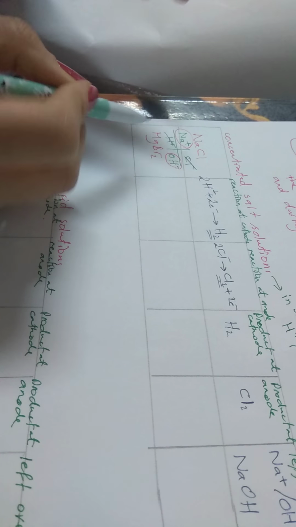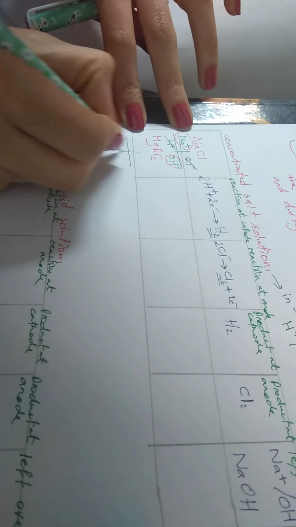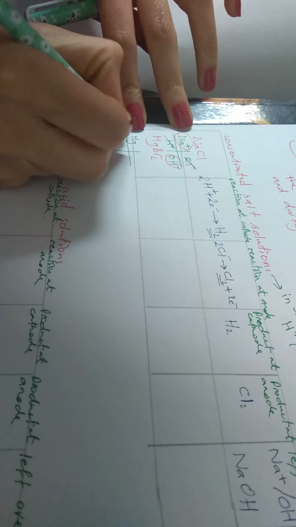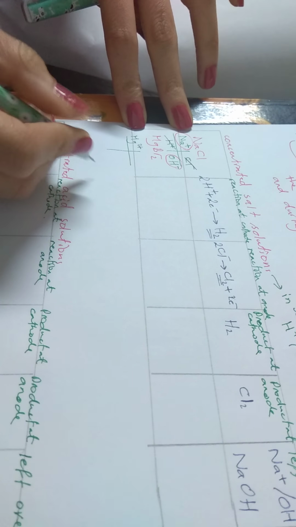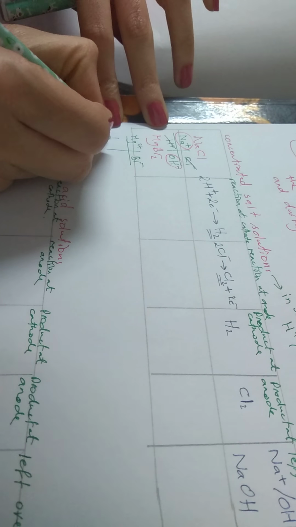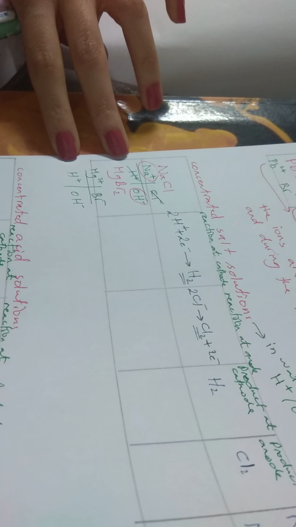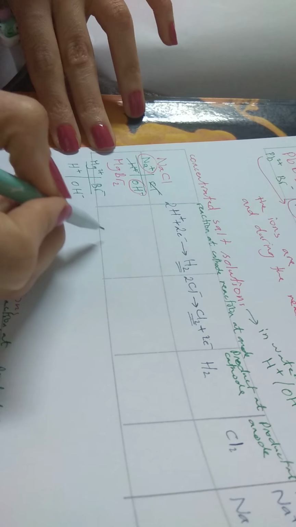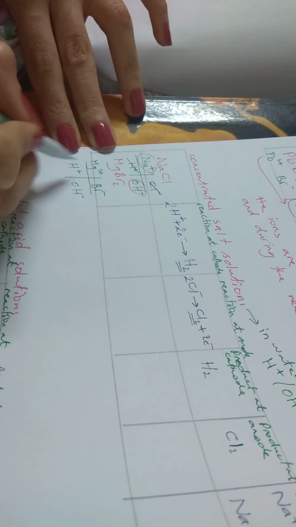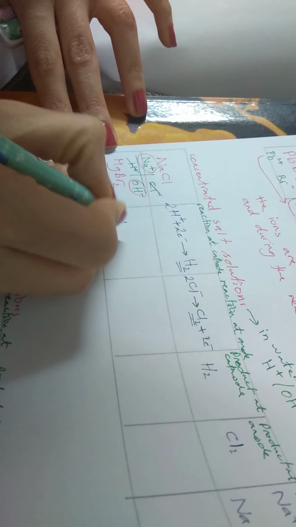Number 2, MgBr2. We have the Mg2+, Br-, H+, OH-. At the cathode, hydrogen and magnesium. Hydrogen will be reduced.